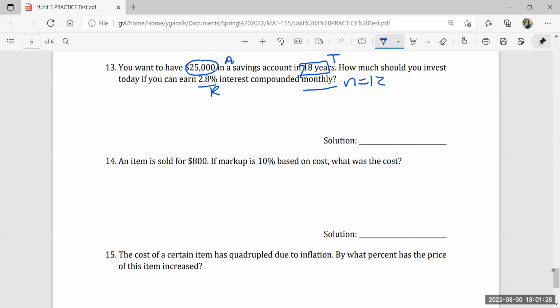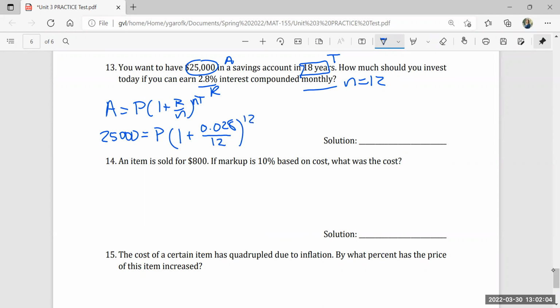We're going to use the same formula as before. So we're going to use A equals P times 1 plus R over N to the NT. But now we need to solve for P. So we know that we want to have $25,000. We don't know P. 1 plus 0.028 divided by that 12, to the 12 times 18.